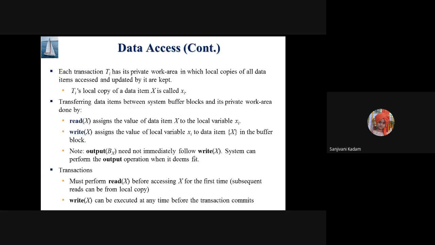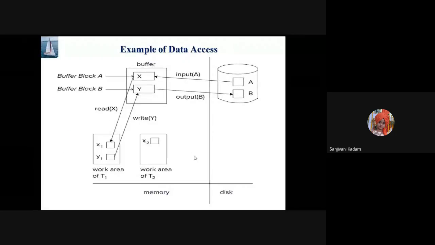This figure explains this operation. This is my disk, which is stable, secondary storage on which my database will be stored. This is my main memory; the buffer refers to a part of main memory. Input(A) means that from the disk this will be brought into main memory. Space is allocated for this, and a separate local copy gets created.